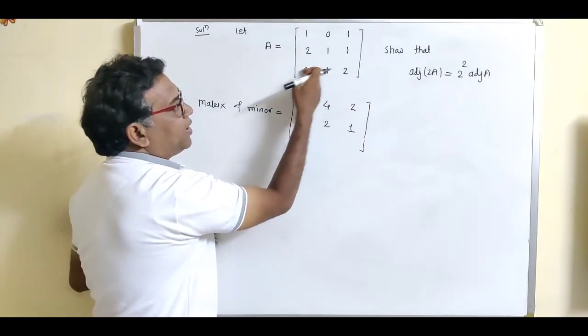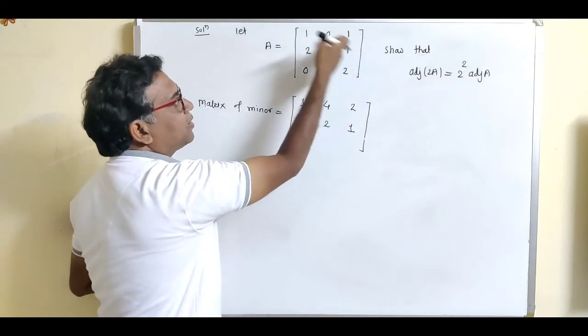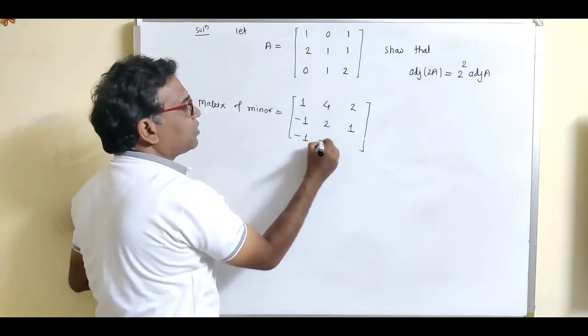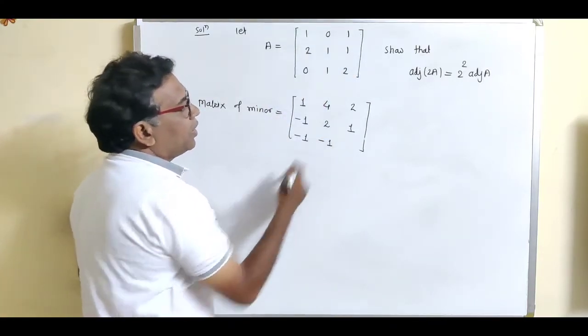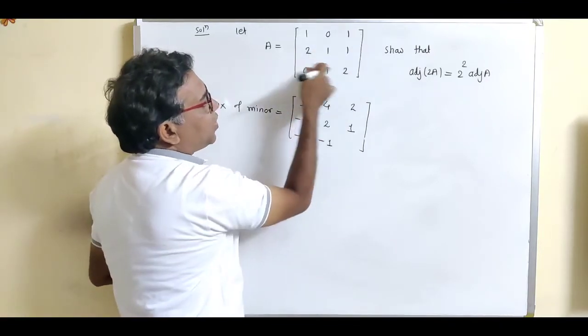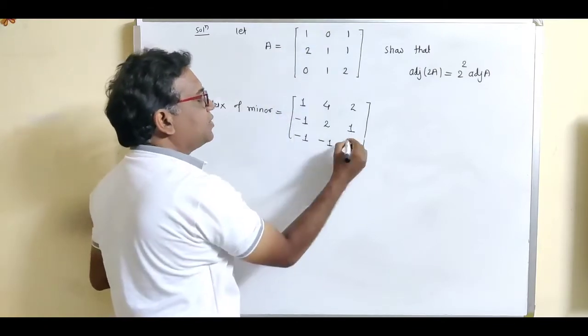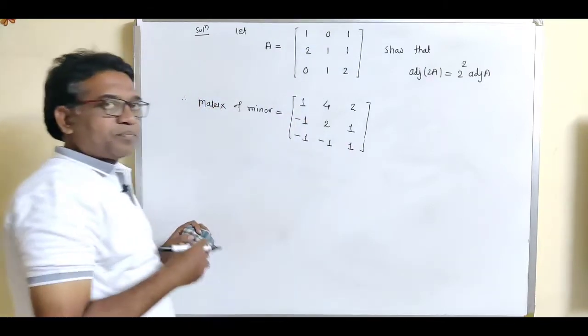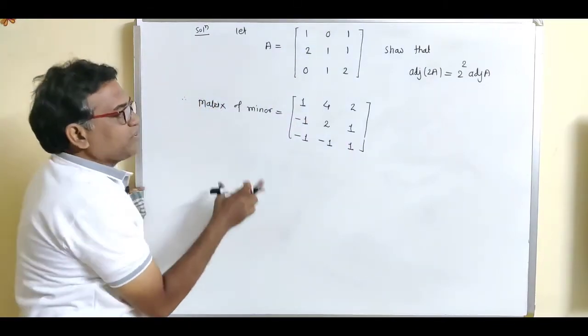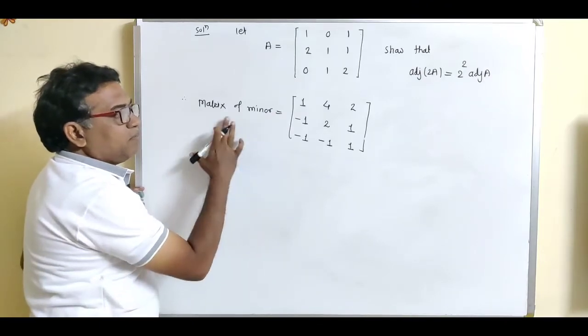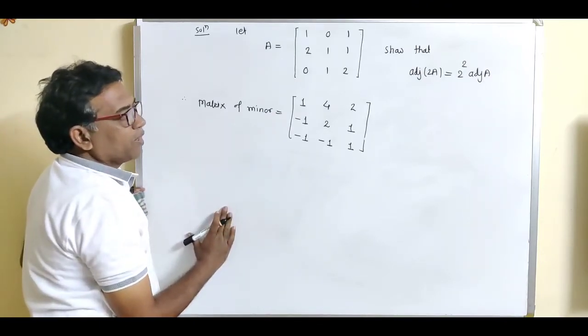For the next element, 1 minus 2, so this is minus 1. For the last element, delete this row and this column and take the determinant of the remaining elements. 1 minus 0, so this is 1. So this is the process for finding the matrix of minor.